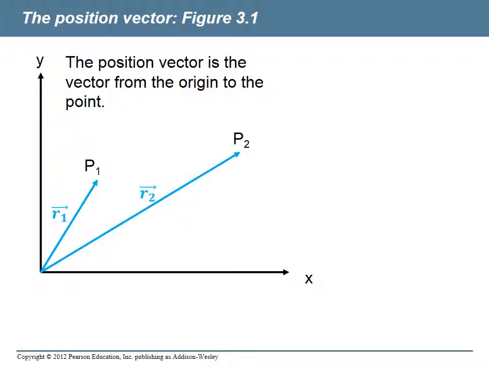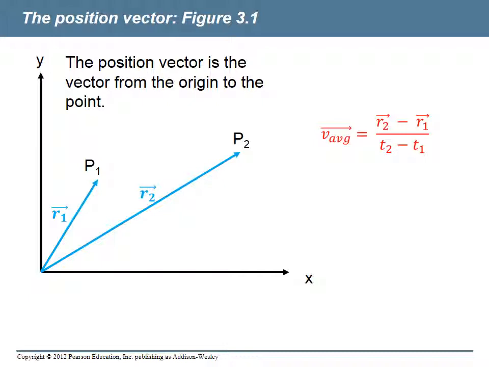So when we define the average velocity in two dimensions in a plane, we define the average velocity as the change in the position vector. So that's vector R2 minus vector R1 divided by the time it takes to change, so t2 minus t1. That is the average velocity in a plane.